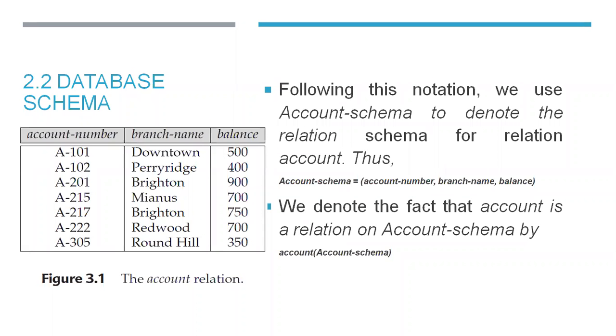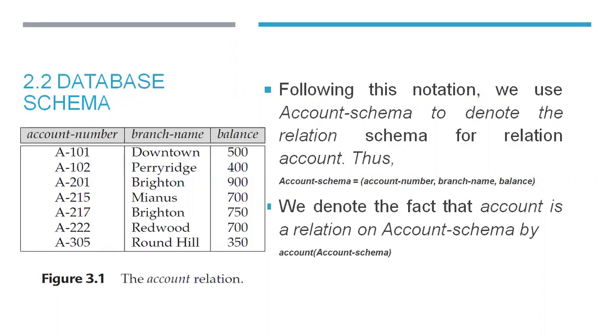Let us see the instance or database schema using this example, account relation. We have already seen that this account table contains 3 columns: account number, branch name and balance. Following is the notation we use: account schema to denote the relation schema for the relation account. Just check how it is written: Account schema is equal to account number, comma, branch name, comma, balance.